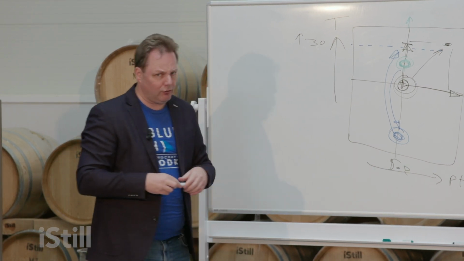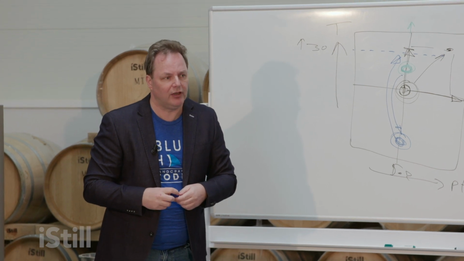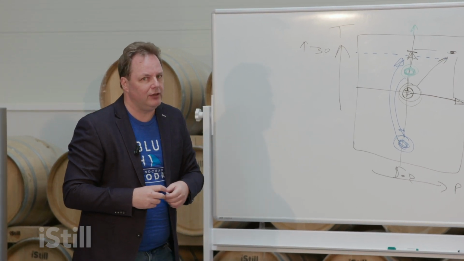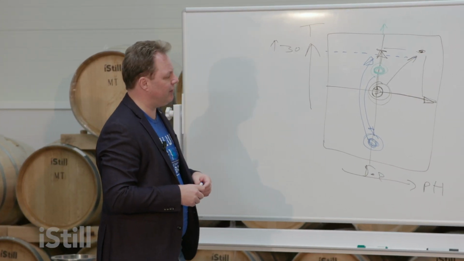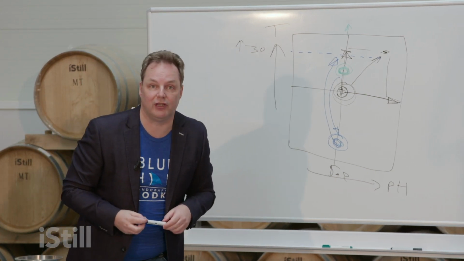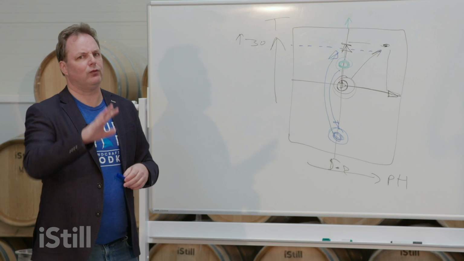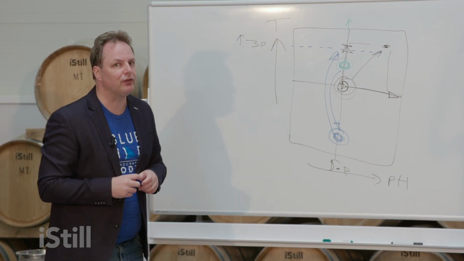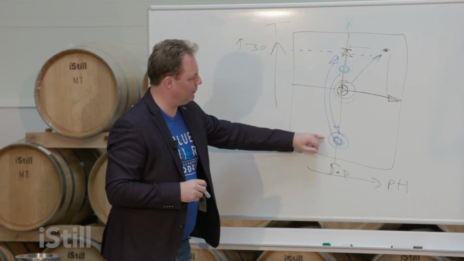So if somebody tells you should ferment your whiskey at 26 degrees Celsius, really, should he? Well, not sure, right? Because I like to ferment my whiskeys at around 28 to 30 degrees Celsius. Most people say, oh, that's way too high, you get a lot of fruity flavors in there. Yeah, if you choose the wrong yeast.